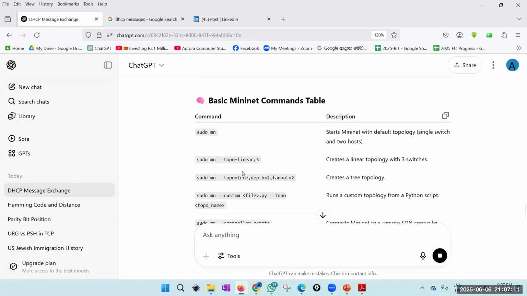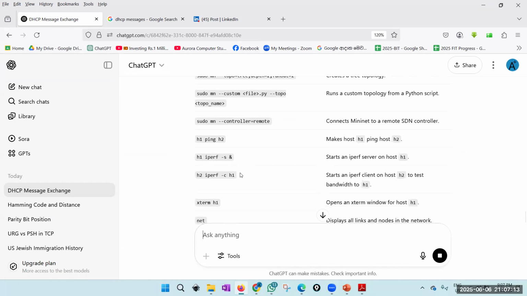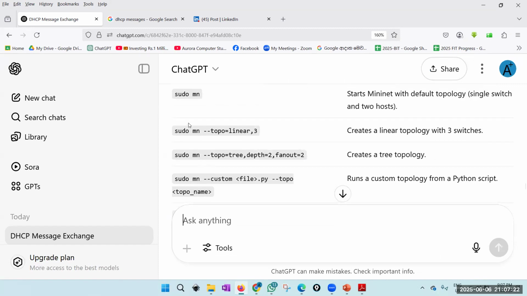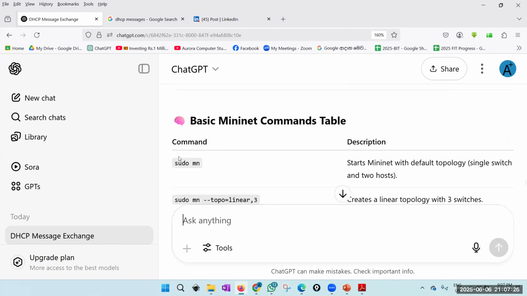Do we have that ping? You can see H1 ping H2, right? So just make a note of this, okay? Some other commands. Sudo is, of course, if you want to get admin power, that is not part of Mininet.